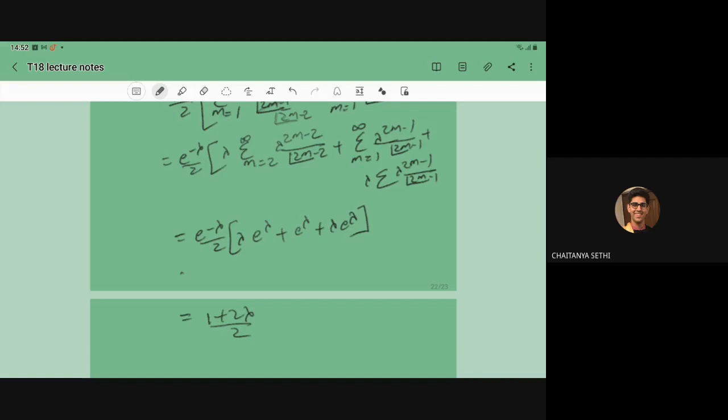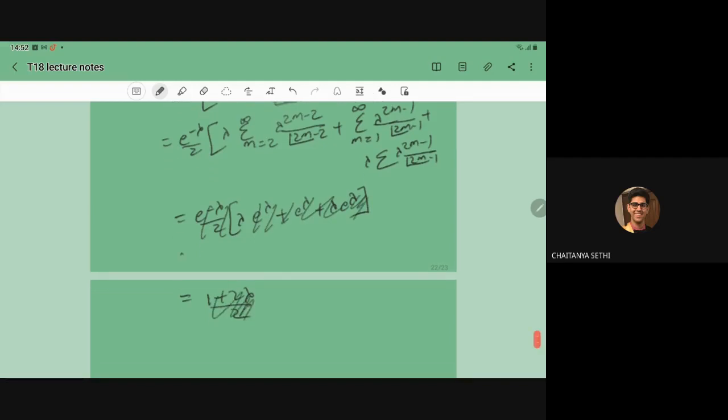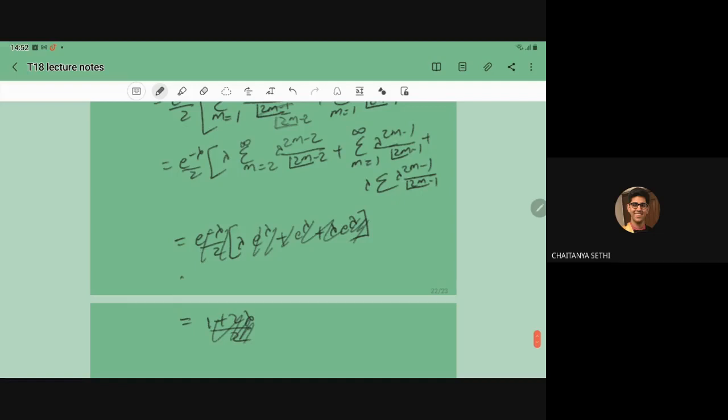Here we haven't all the possible values. So when we put the m, it will become 2m minus 2.